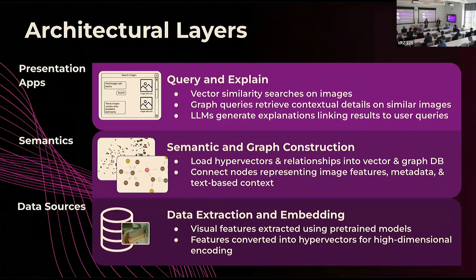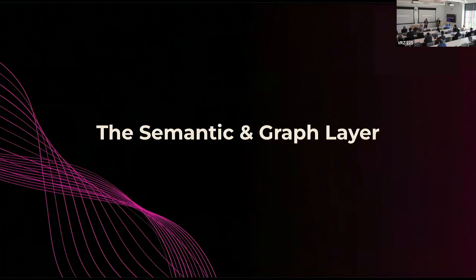And then from there, we can look at just a little double click on the semantic and graph layer, because I think that's the backbone of a lot of what we're doing. So if you were seeing this live in 3D, this is actually a 3D search. We have this in a notebook if anybody wants to see it.